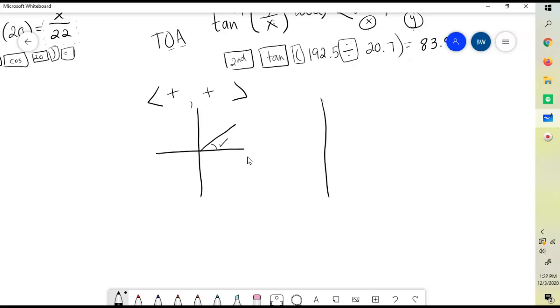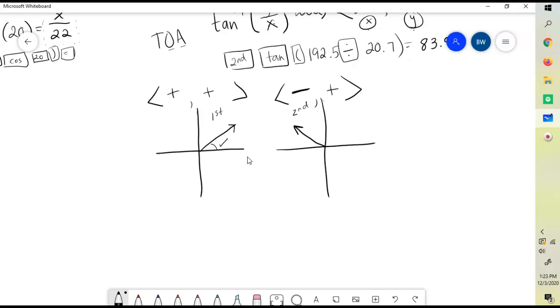But if we had a vector that was noted by going left, negative, and up, then it would be shooting off into this quadrant. Okay, so this is the first scenario, the first quadrant. This is the second scenario, and it's shooting into the second quadrant.